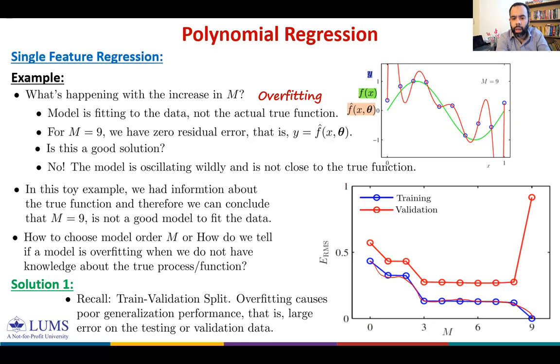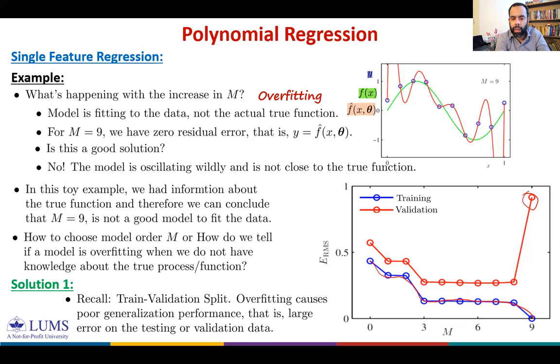When m is equal to 9, the loss becomes 0 because the model is exactly fitting the data, but not the true function. And since it is not fitting the true function, you expect high loss on the validation data.